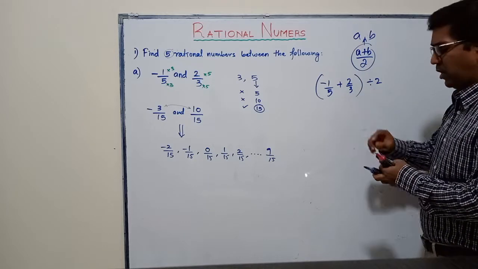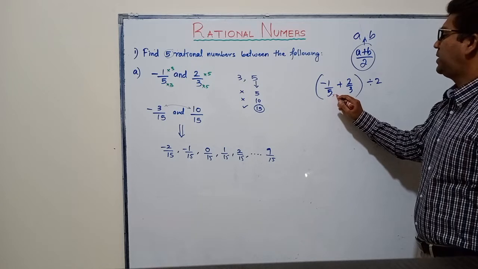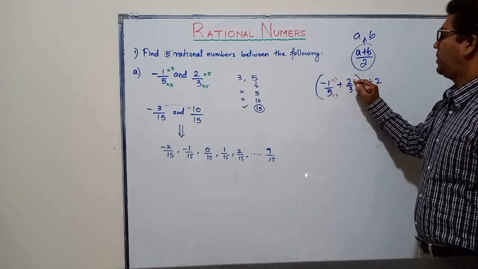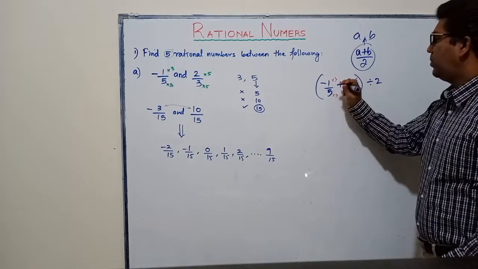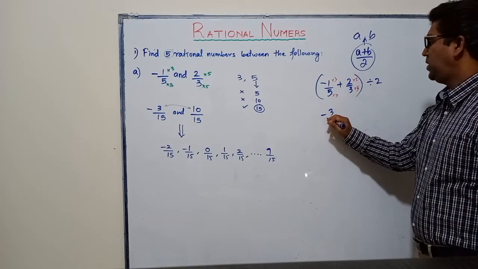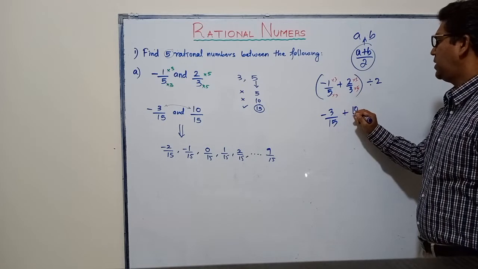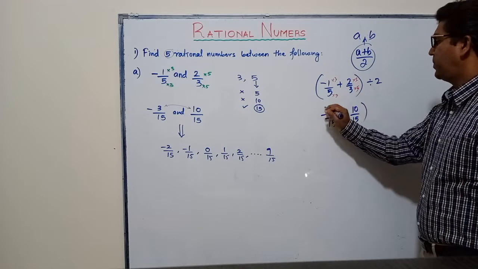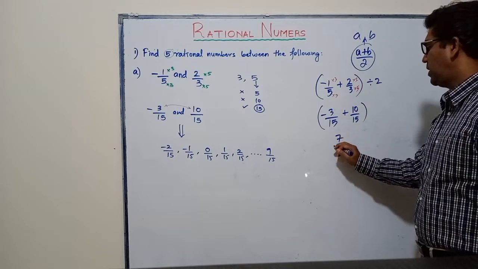Now, denominators are not same. So what you have to do here is multiply by 3 and multiply by 5. Now, so you will get here minus 3 over 15 plus 5 times 2 is 10 upon 15. Now, when you add, denominator is same, 10 minus 3 is 7 upon 15.